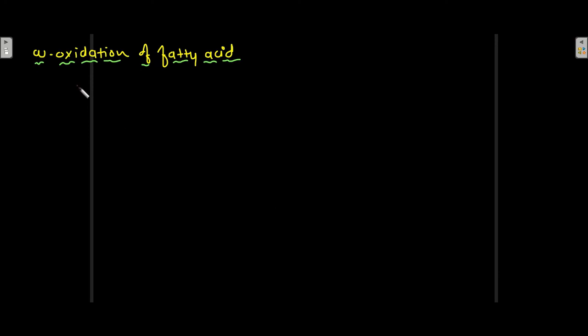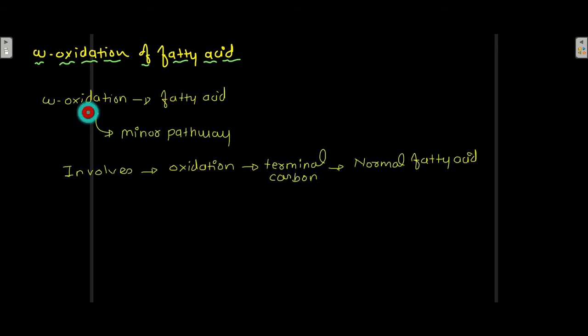Now let's talk about the omega oxidation of fatty acid. Okay, let's read about it. This omega oxidation of the fatty acid is a minor pathway which involves the oxidation of the terminal carbon of a normal fatty acid. Okay, so consider a normal fatty acid, consider its terminal carbon.